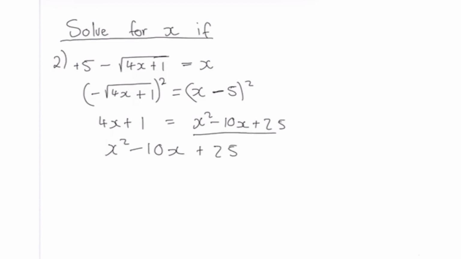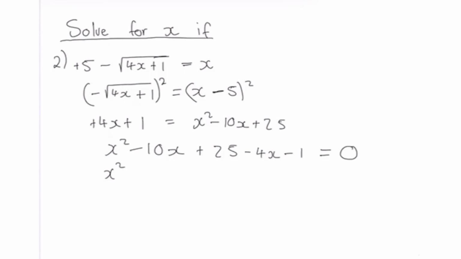Write it the same as that guy, and then followed by minus 4x. It was plus 4x, I write minus 4x. It was plus 1, I write minus 1, and I equate to 0. That's me taking these guys to the other side. I hope it's clear.